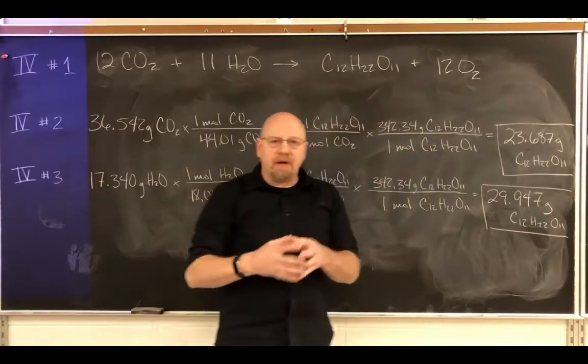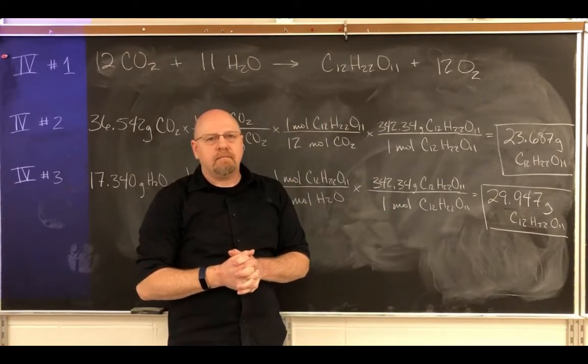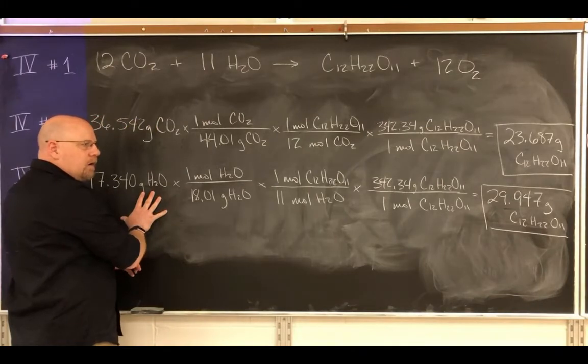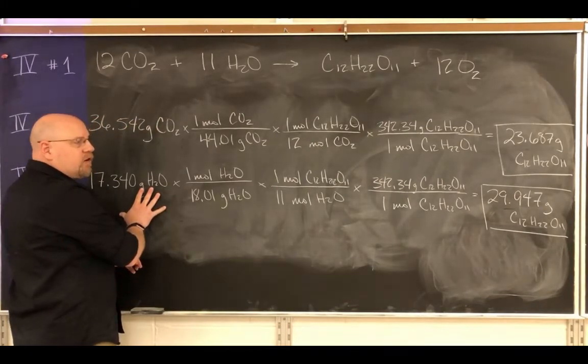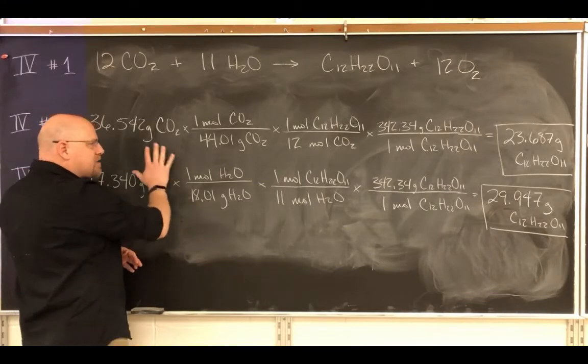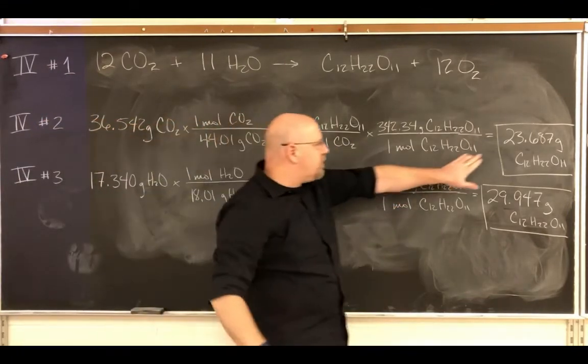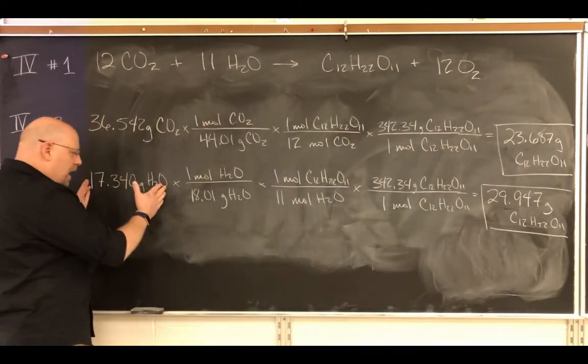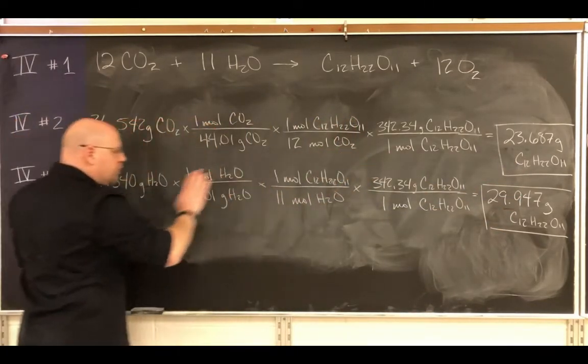It is called the limiting reactant. This compound, the water, in this instance, is going to be the excess reactant. Because when this reaction is done, it stops when this amount of sucrose is produced.